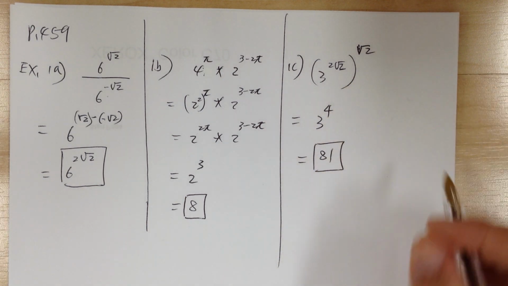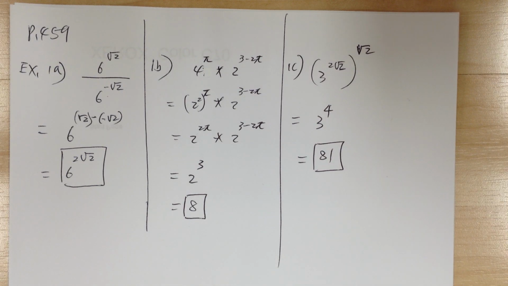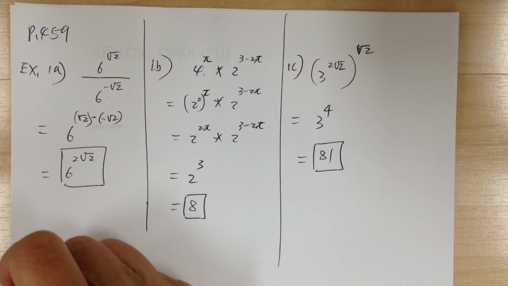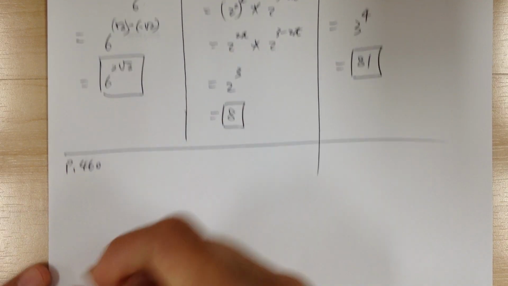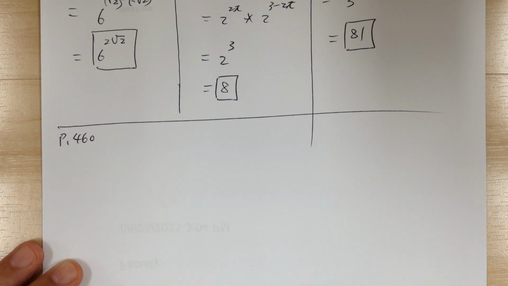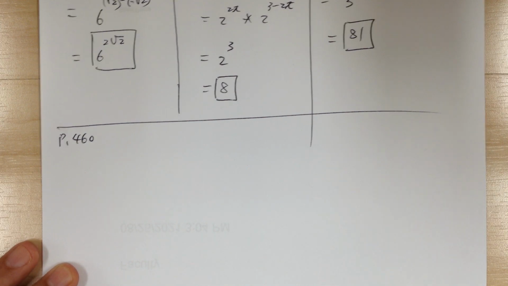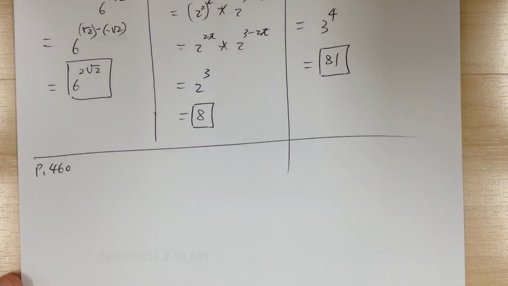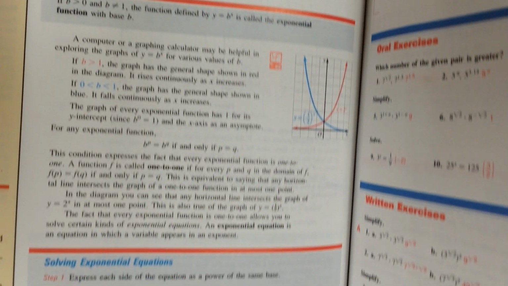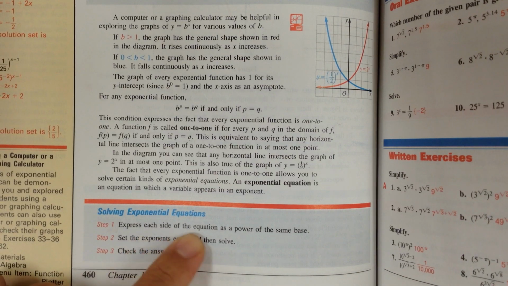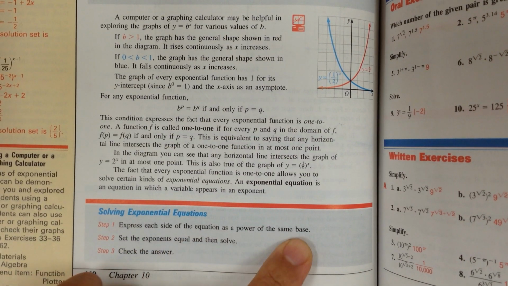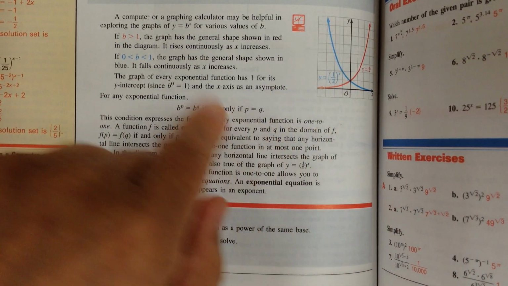Now on the bottom of page 460, it gives you the steps to solve equations. Step 1, express each side of the equation as a power of the same base, just like the ones we just did.